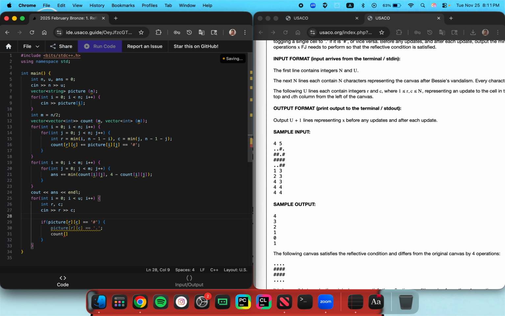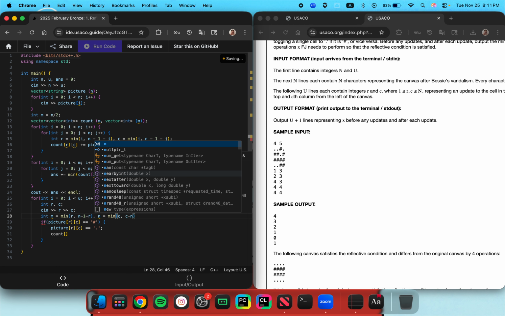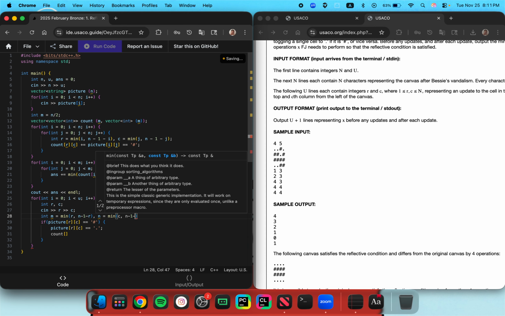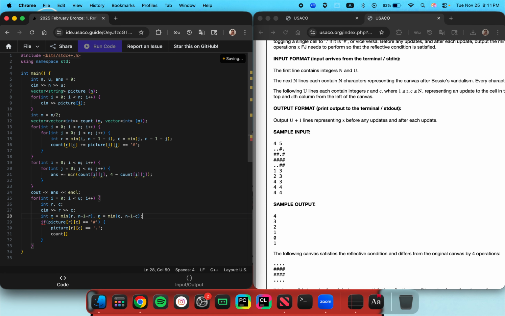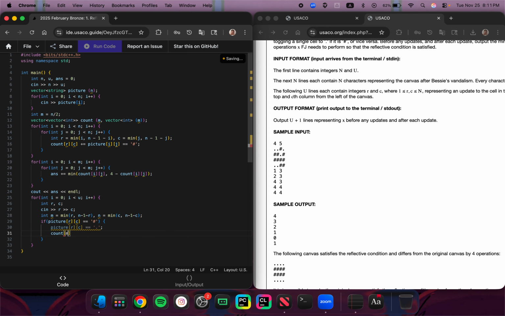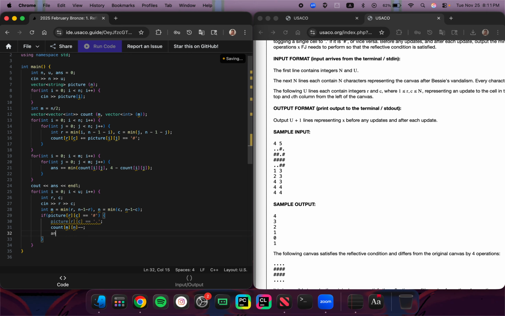Then count, and then for int, let's use m is equal to a minimum of r and n minus 1 minus r, and n is equal to minimum of c and n minus 1 minus c. So now count m n minus, and then answer plus equals.